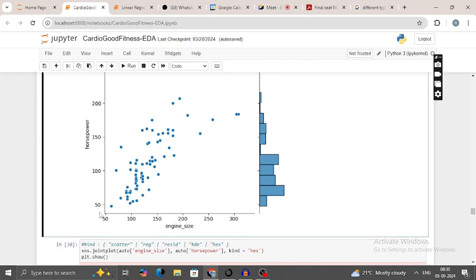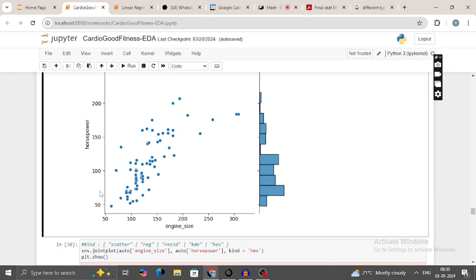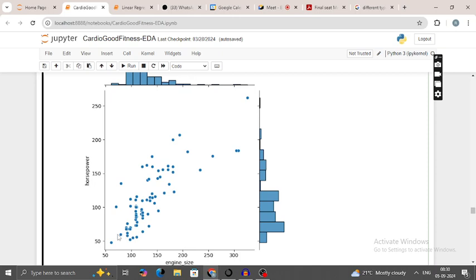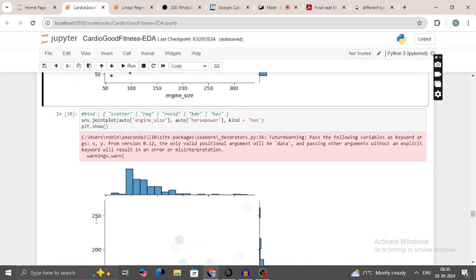What is the horsepower? How many kilowatts or how many HP? 200 HP. How it is varying. So look at this, engine size is increasing, horsepower is also increasing. Obviously, for heavy vehicles, engine size is going to increase, horsepower is going to increase. So you can use joint plots and see something like this.